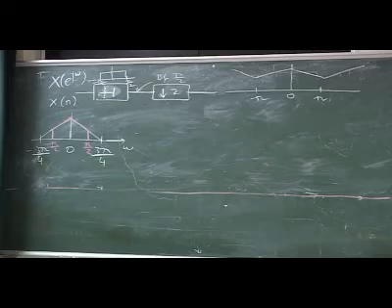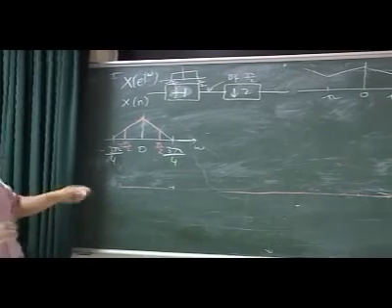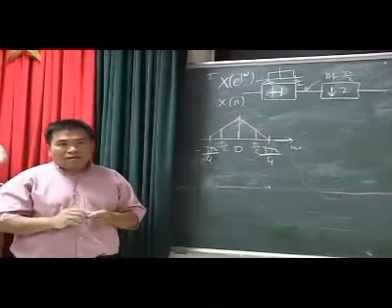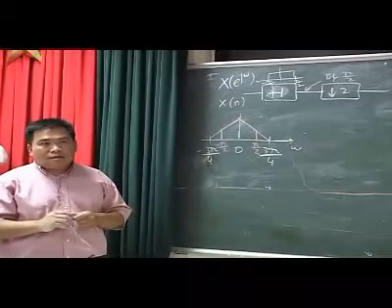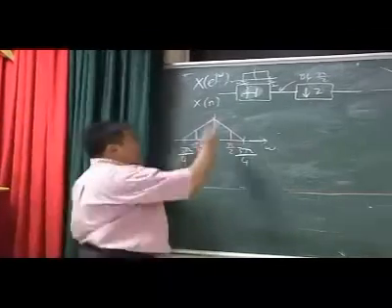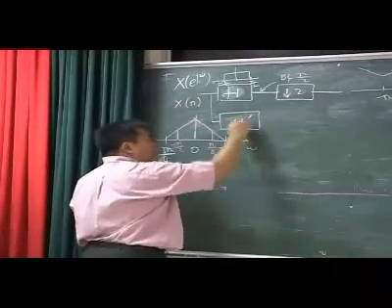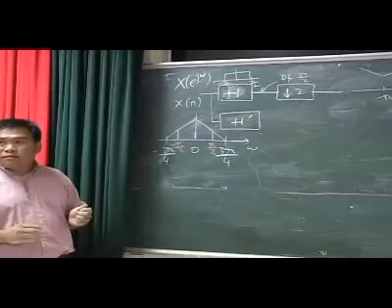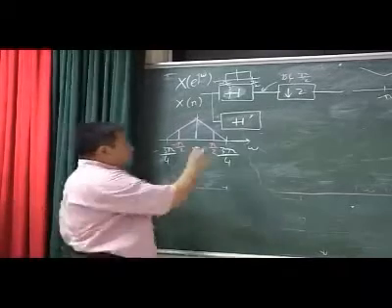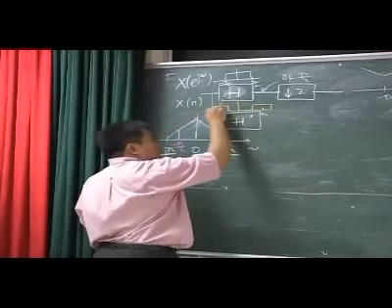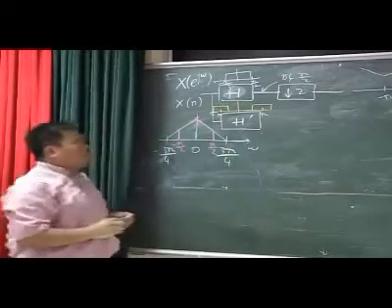Is that clear? How do I save the other part? Use a high pass filter. What if I do this? H prime, which is the high pass filter. Does H prime look like this? Ideal high pass filter.